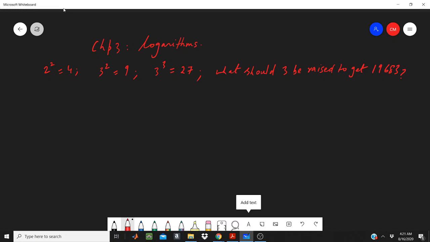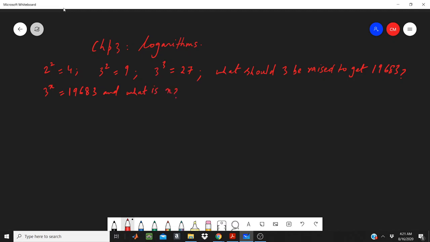So you can write this statement down as 3 to the power of x equals 19683. And what is x then?